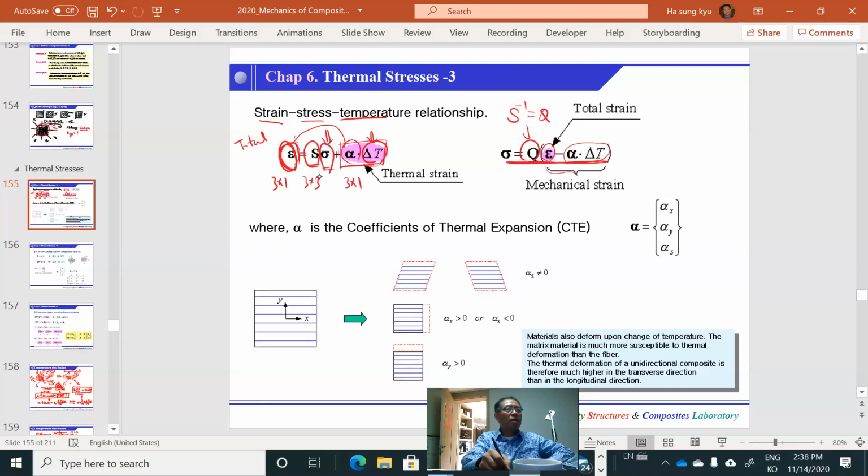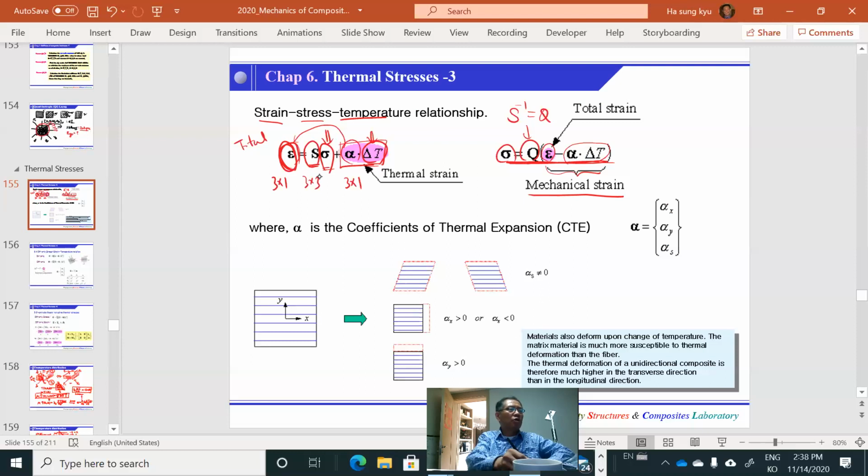What remains we can call the mechanical strain, the strain due to stress. So that's why we have epsilon minus alpha delta T, and then multiply Q and sigma. Both equations are often used in derivations, so we need to understand these two equations.